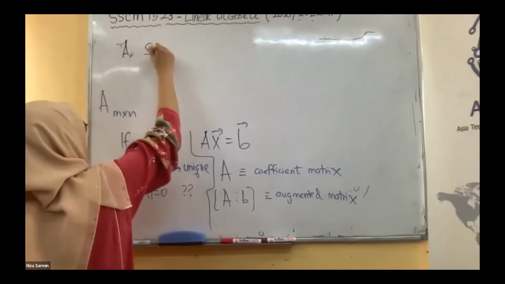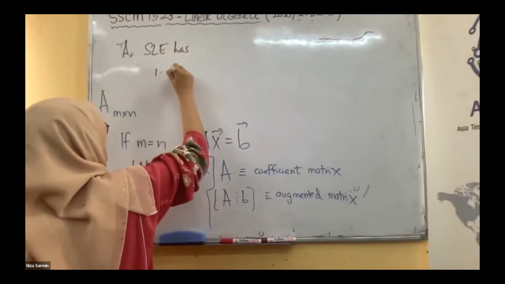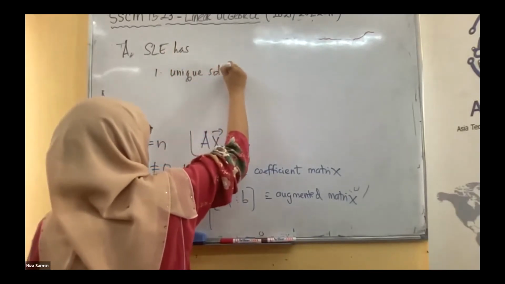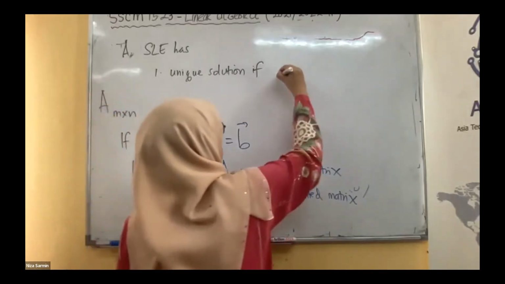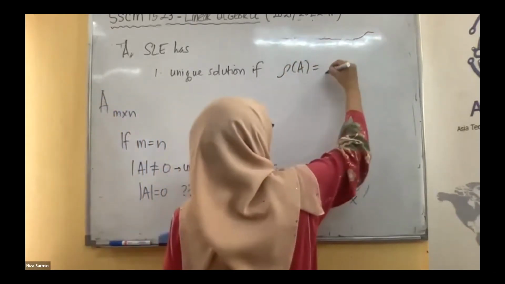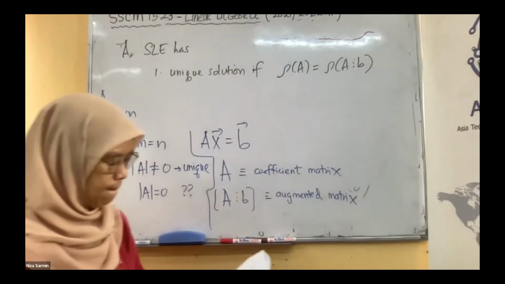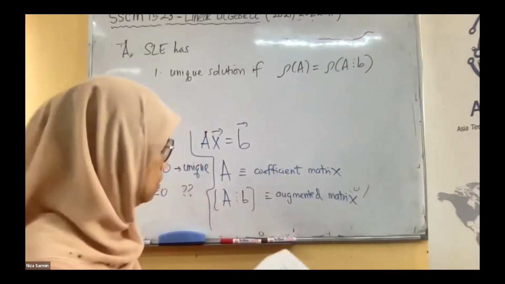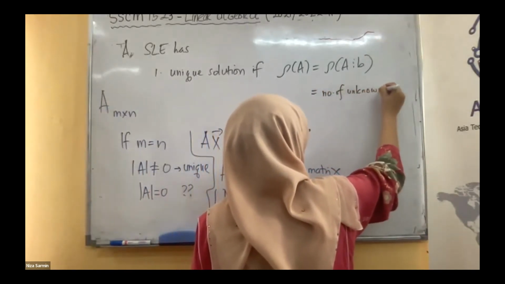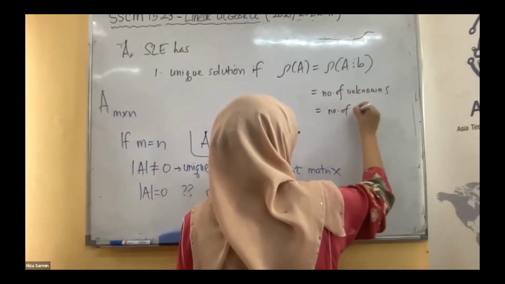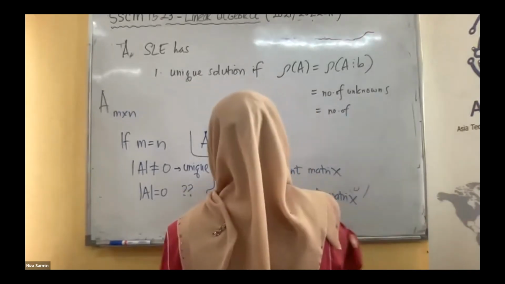A system of linear equation has, number one, a unique solution if the rank of A is equal to the rank of A|B, which is equal to the number of unknowns, which is equal to the number of columns.